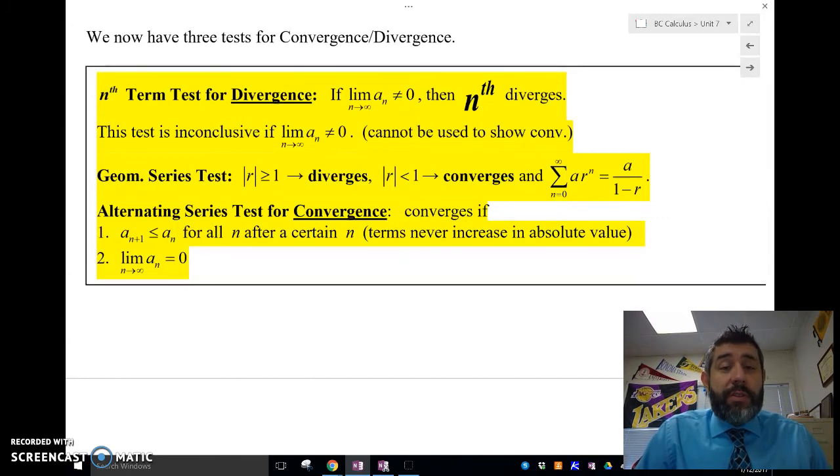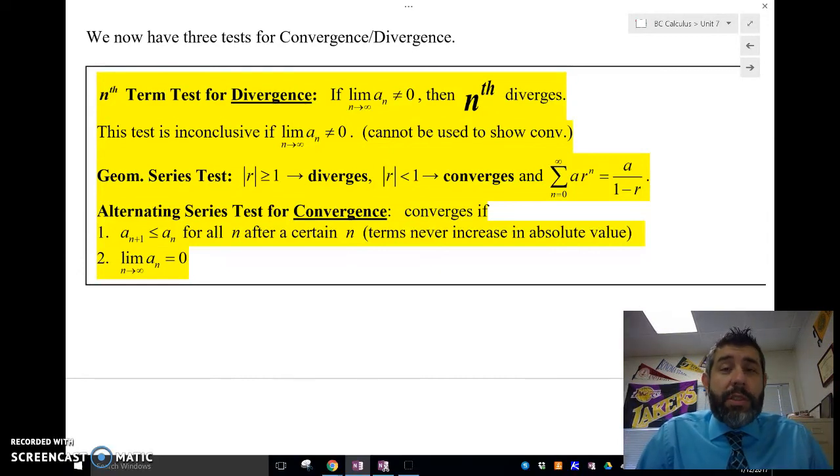We have the geometric series test, which diverges if the absolute value of r is greater than or equal to 1, and if the absolute value of r is less than 1, the geometric series converges, and in fact it converges to a over 1 minus r. So as long as r is between negative 1 and 1, which helps us find the interval of convergence for power series that are geometric. Finally, we have the alternating series test for convergence, which we just talked about.